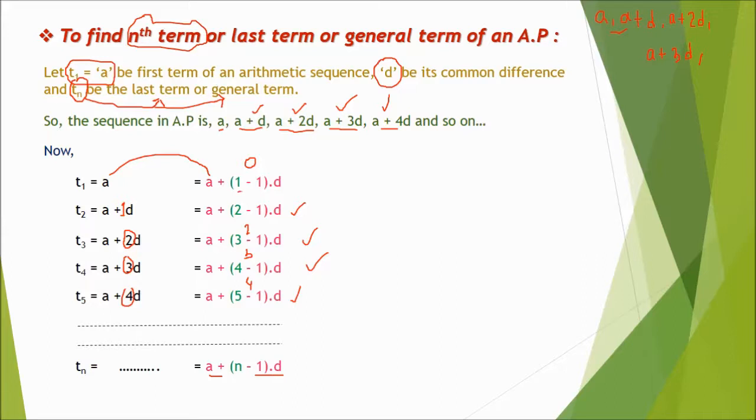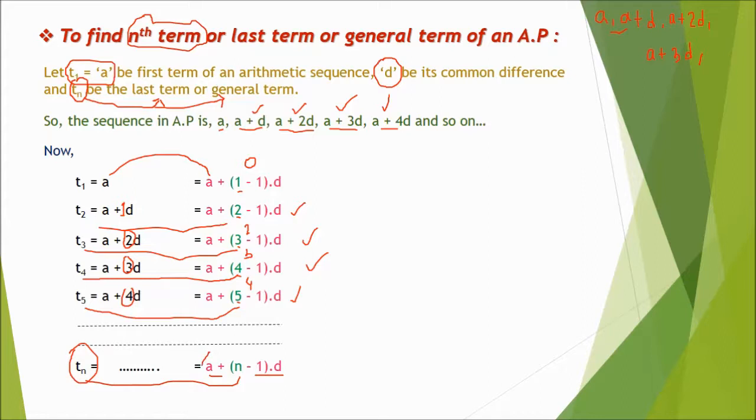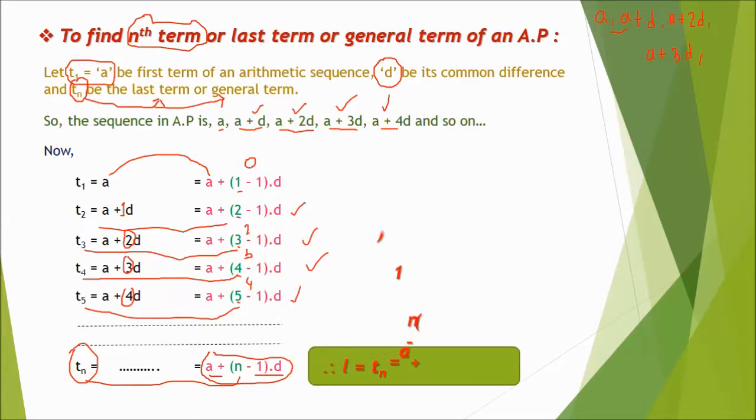The relation between these two is equal: where there is 5 it is 5, where there is 4 it is 4, where there is 3 it is 3, where there is 2 it is 2. Then where there is n it must be n. Now what is the formula to find tn? The formula is a plus n minus 1 times d. That is our last term, that is our general term, and that is the formula.